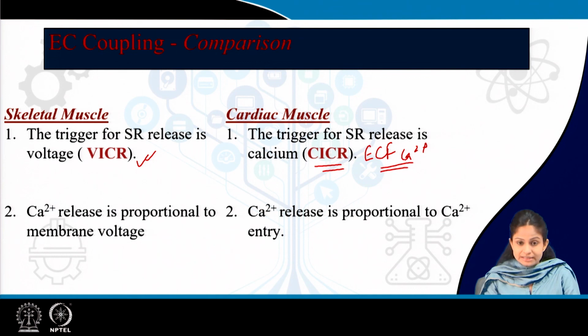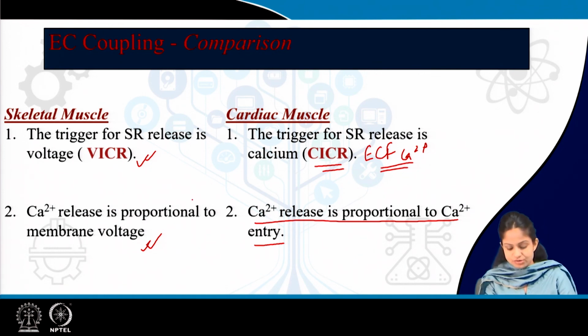The calcium release is proportional to the membrane voltage in case of skeletal muscle, while in cardiac muscle the calcium release is proportional to the calcium entry. It is not proportional to the membrane voltage, but to how much calcium is entering. So, the calcium release will also occur in that way, that is why we get calcium sparks over there.